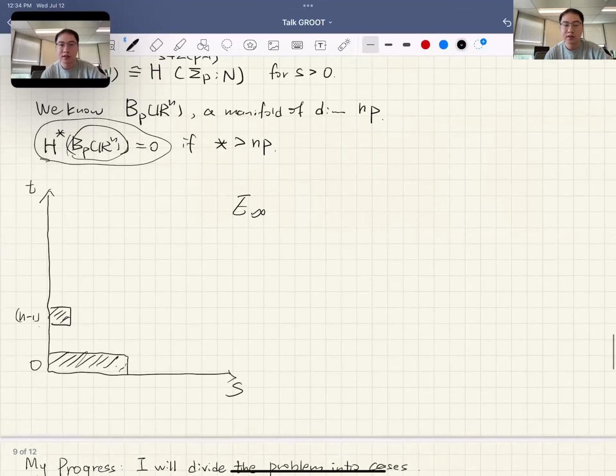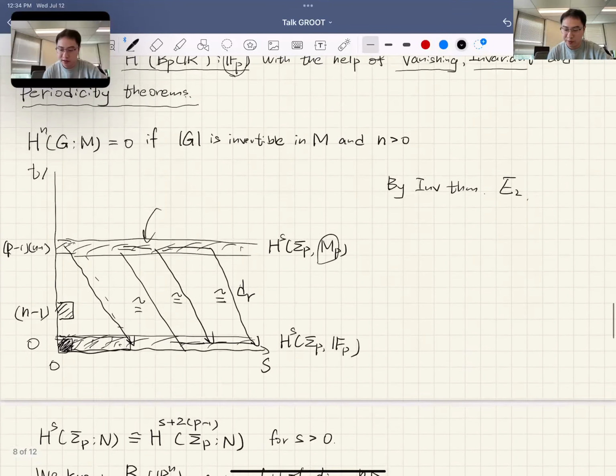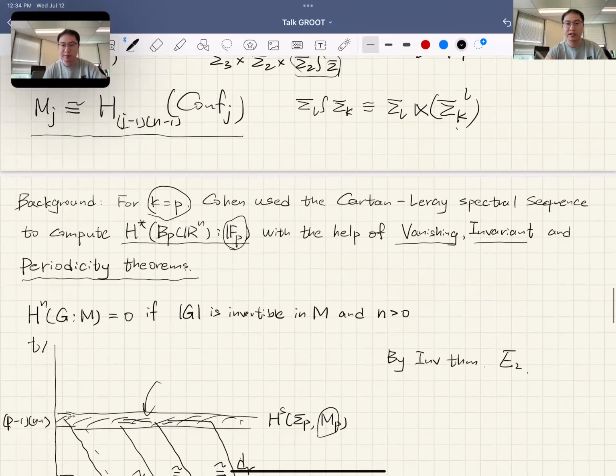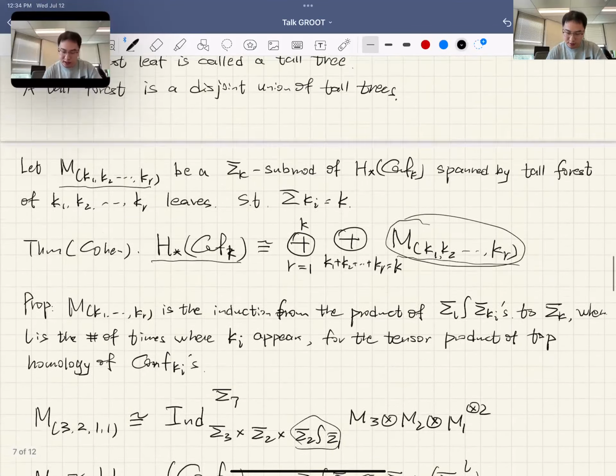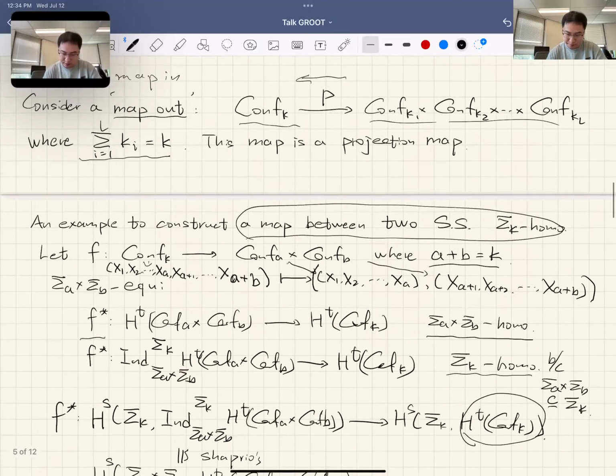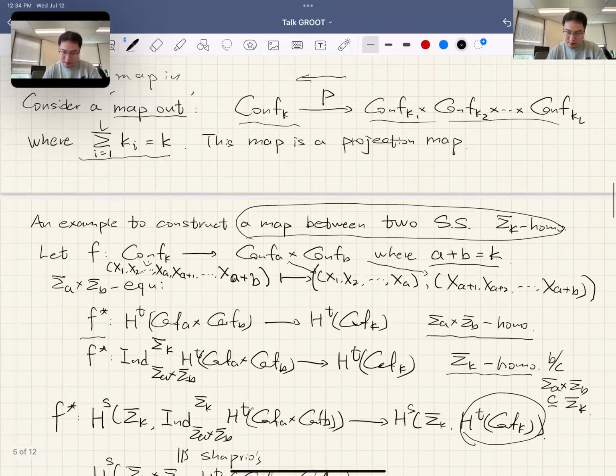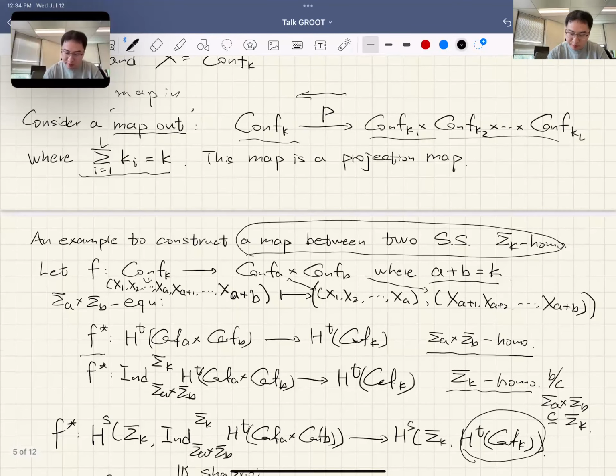Okay. So simply, if I want to build a map between two spectral sequences, I need an equivariant condition to begin with.